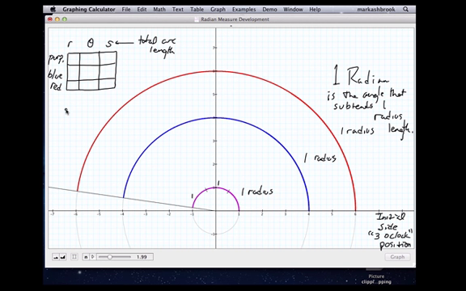For this particular scenario, on the purple one here, that's 1 radius length, then another radius length, and then another. Okay? So, is the task clear? Do you know what you're doing? So you're making that table of 9 values for the purple, for the blue, and the red arc. For each of them, you're writing down what the radius is, what the angle is, and what the total arc length is. Go.